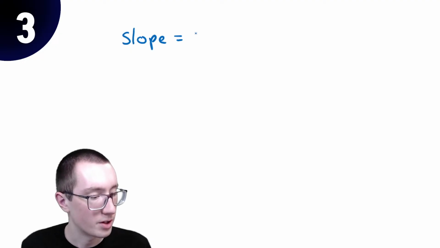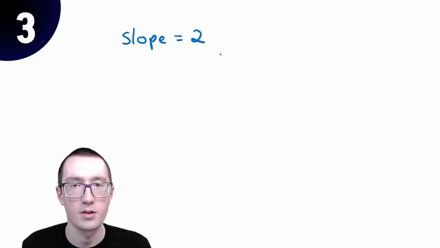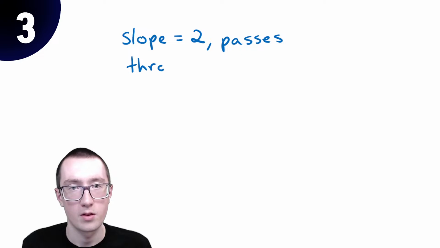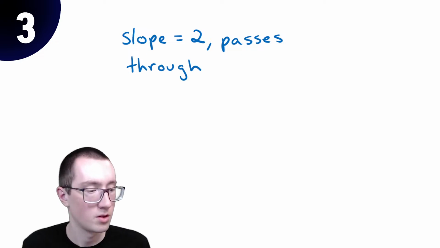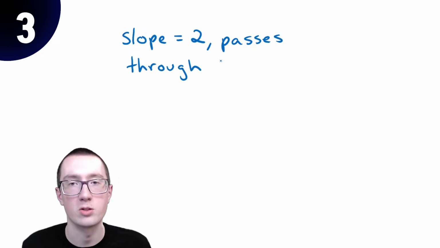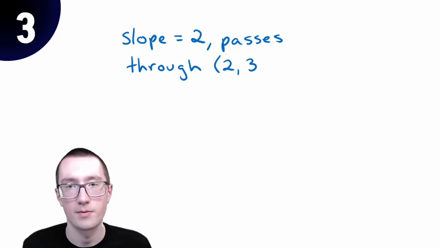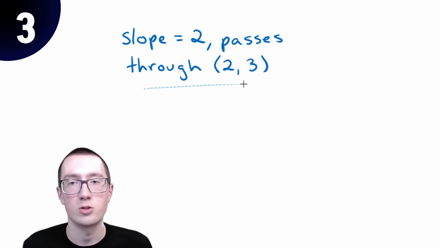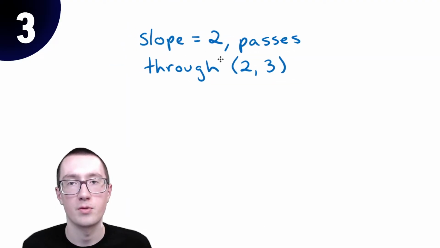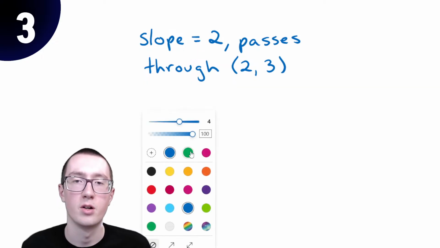So our third problem is we're writing the equation of a line, and this is our information. Our line has a slope of 2, and it passes through the point 2, 3. So we have to figure out what the equation would be of this line.